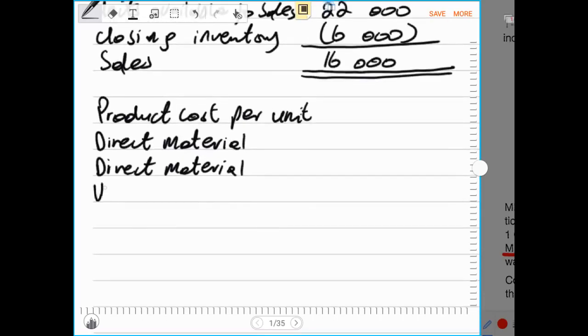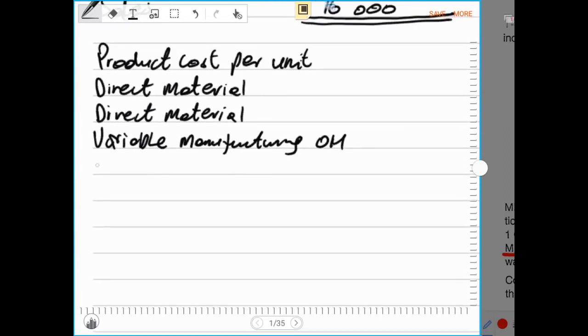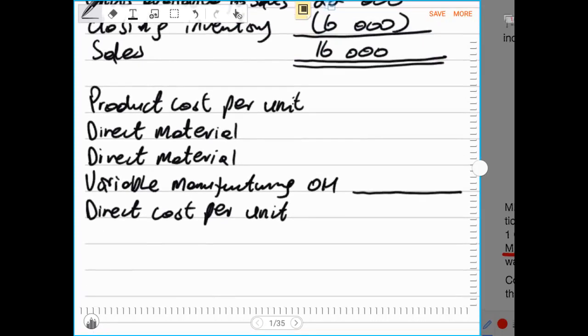So now that will be variable manufacturing overheads. Then this will give us direct cost per unit, and this direct cost is for the direct income statement method. When we do the direct income statement, this is the amount that we'll take.